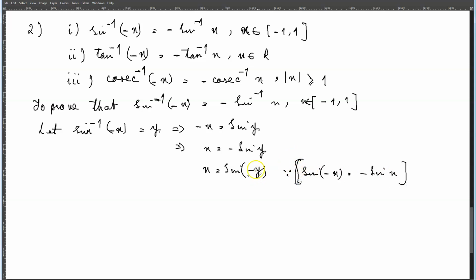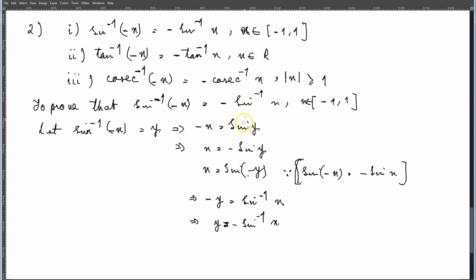So x is equal to sine of negative y, which means that negative y is equal to sine inverse of x, and that basically means that y is equal to negative sine inverse of x, right? Negative sine inverse of x.